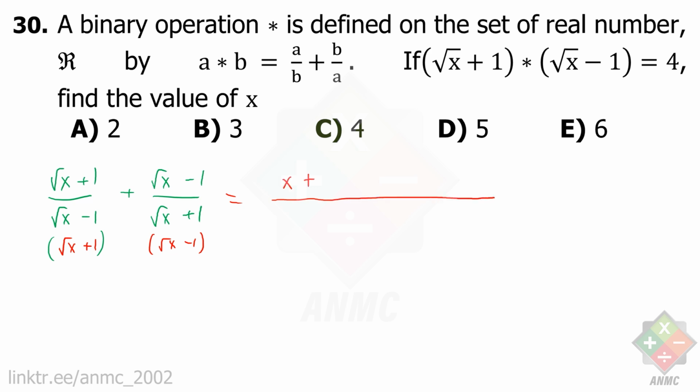X plus 2 times root of x plus 1 plus x minus 2 times root of x plus 1 over x minus 1. There is simplification. 2 times root of x minus 2 times root of x is 0. Totally, what do we have now?